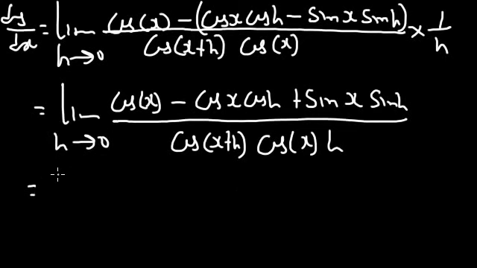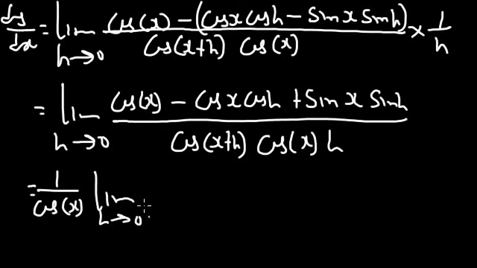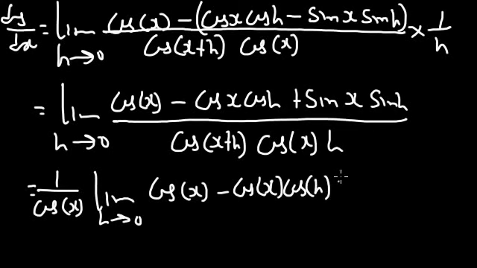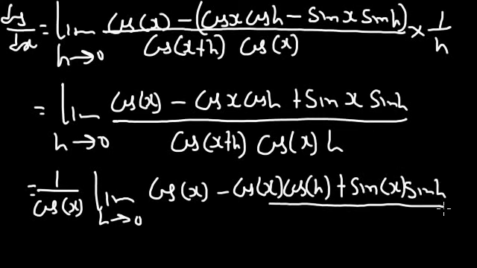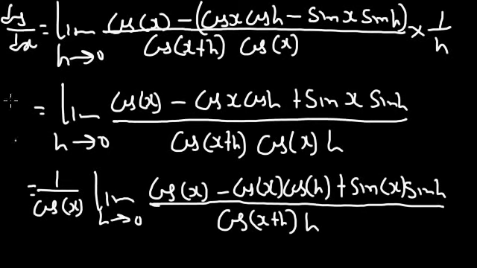So we have 1 over cosine x multiplied by the limit as h approaches 0 of cosine x minus cosine x cos h, then plus sine x sine h, then we see a division by cosine of x plus h times h. You know, the cosine x has left. Perfect.